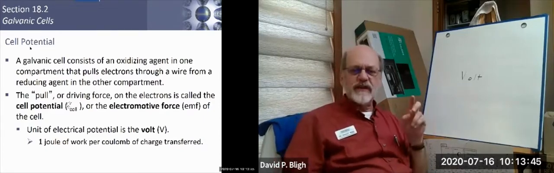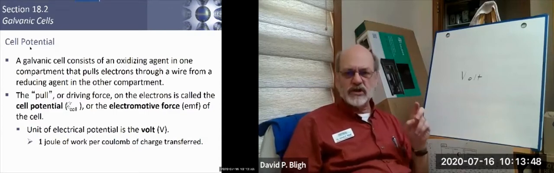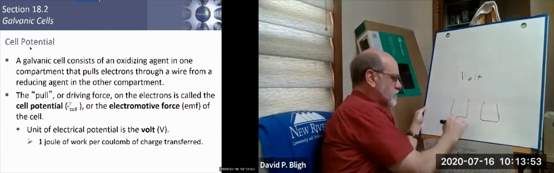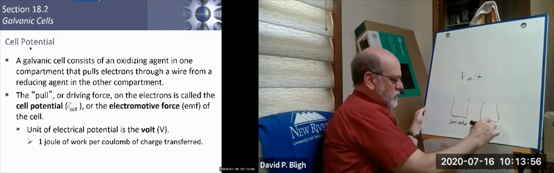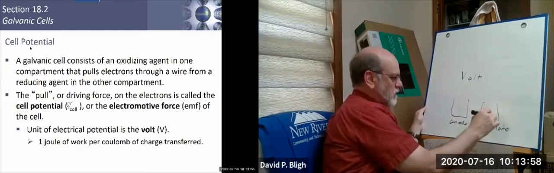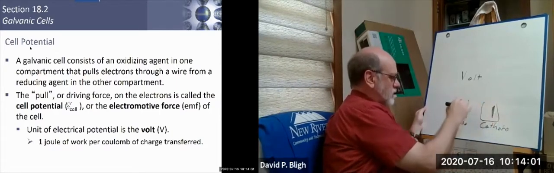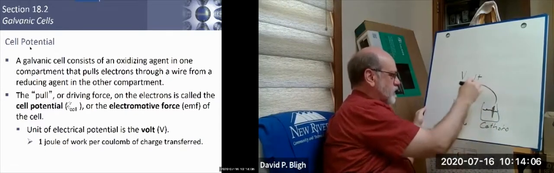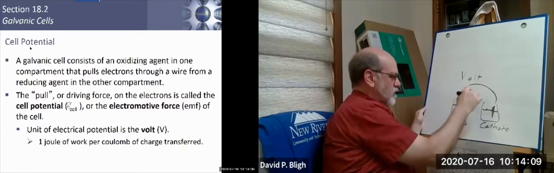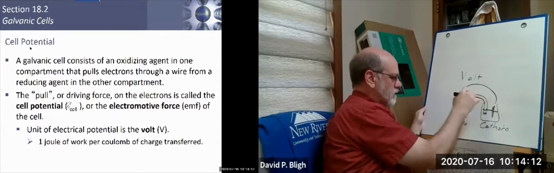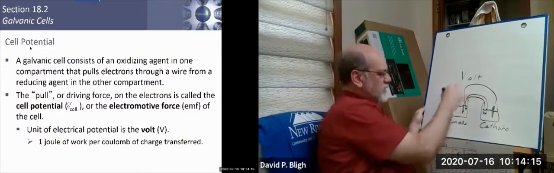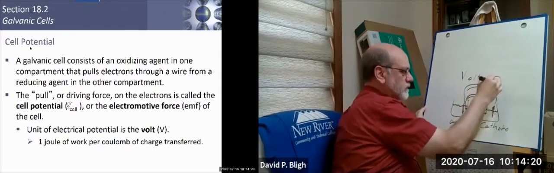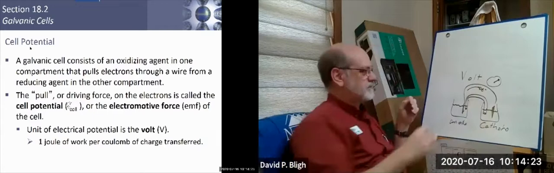You can think of the cell potential as a push. Right? So if you have your anode and your cathode, and your external wire and your salt bridge, okay, then you're going to have electrons moving this way, and you can measure a voltage on a meter.